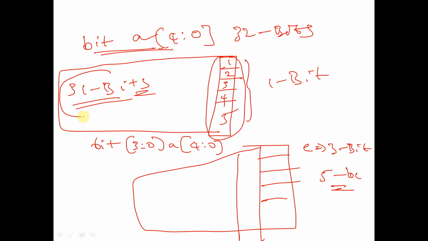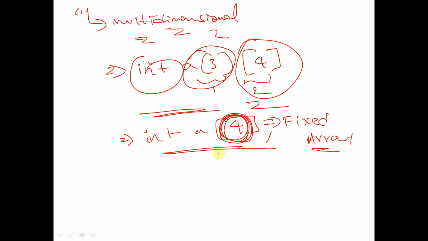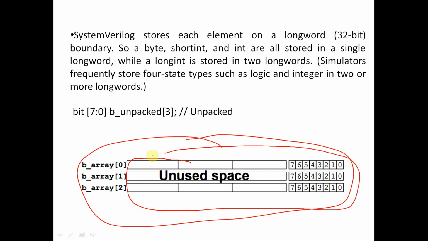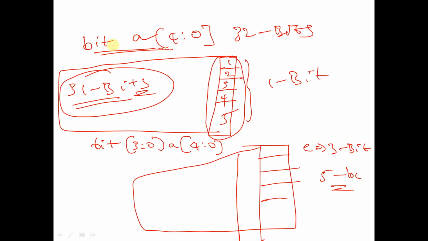So the other 31 bits will be unused. In this diagram we can see this is unused space. The simulator will create 4 bytes of memory for each location. In this example we are storing only 1 bit in each location, so the remaining 31 bits are unused.